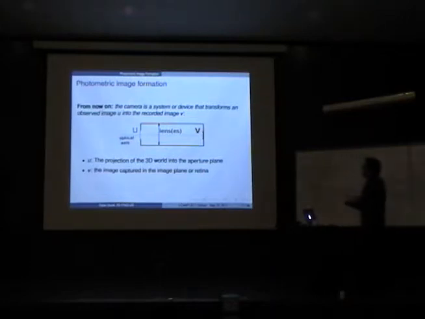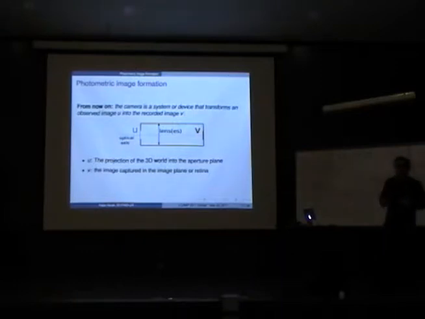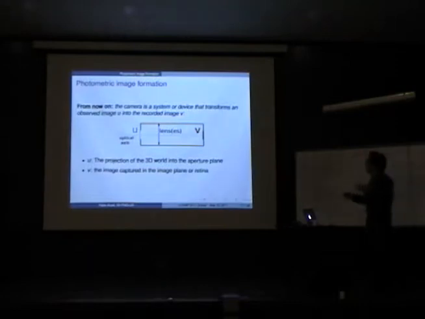So now I'm going to the second part of the talk. Now we forget the 3D world and we observe what's the transform that happens to an image that arrives at this plane and then gets captured at this plane.